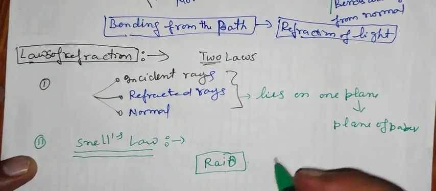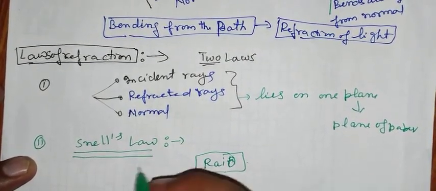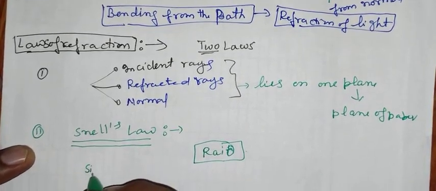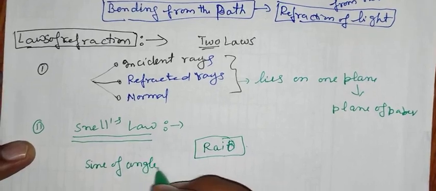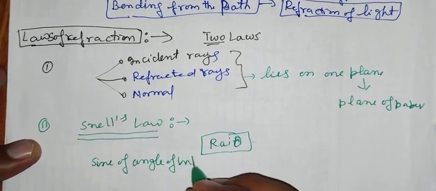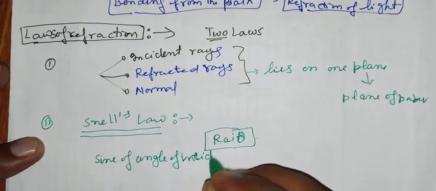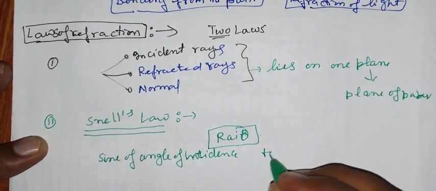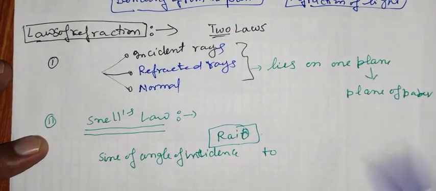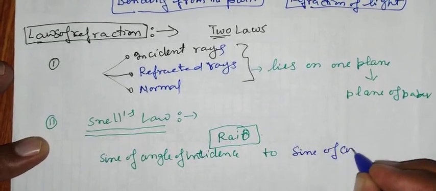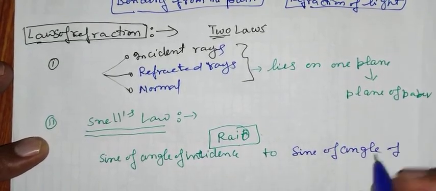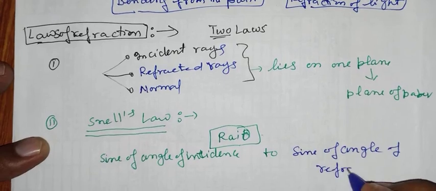The ratio between sine of angle of incidence to sine of angle of refraction.